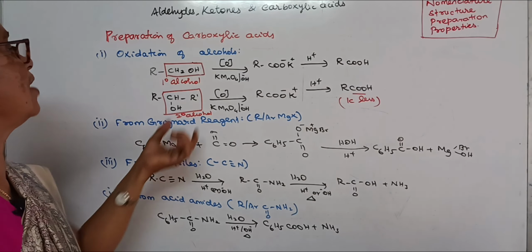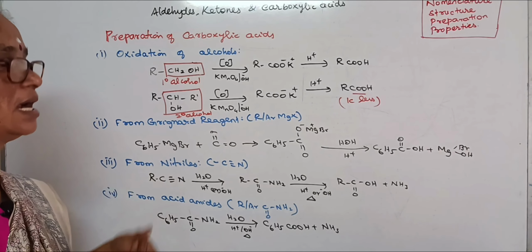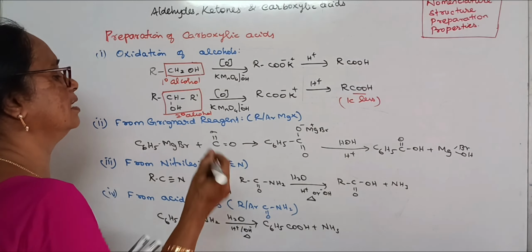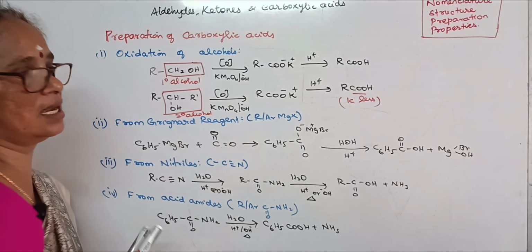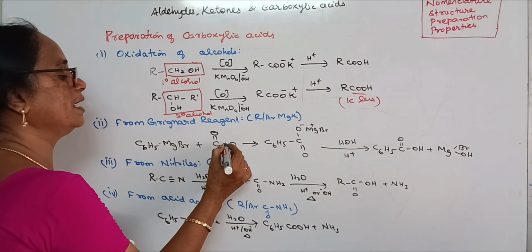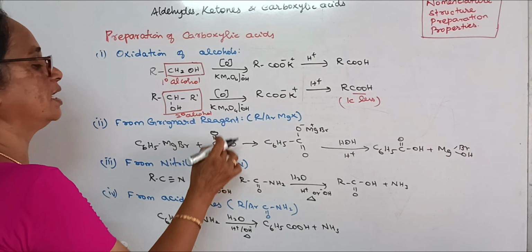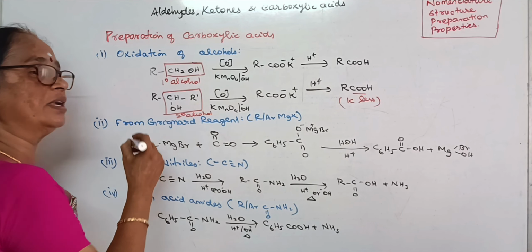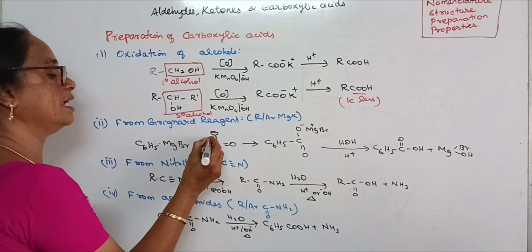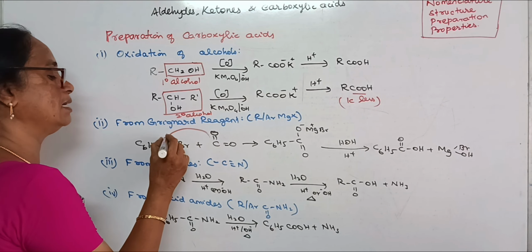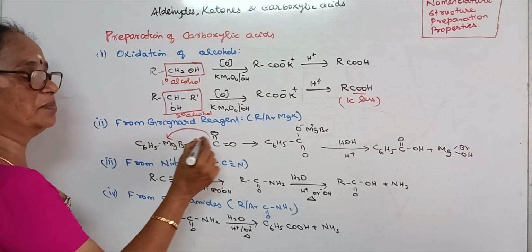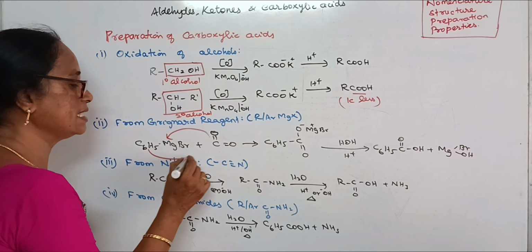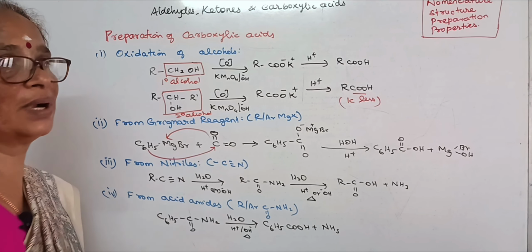Actually, to have carboxylic acid from Grignard reagent, it is just enough to take carbon dioxide. So this carbon dioxide is doubly bonded with the two oxygen atoms, and one of the C=O groups undergoes nucleophilic addition reaction. So this pi bond attacks the MgBr group, and the C6H5 group attacks the carbonyl carbon.